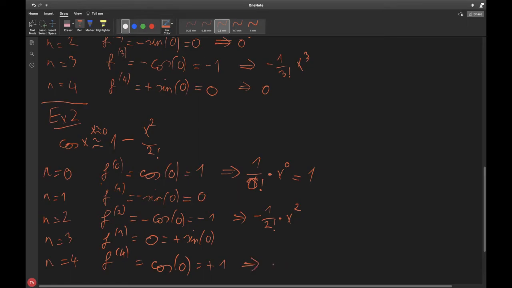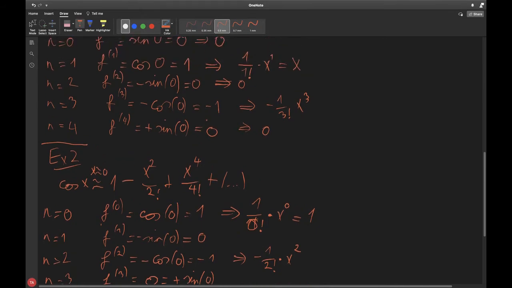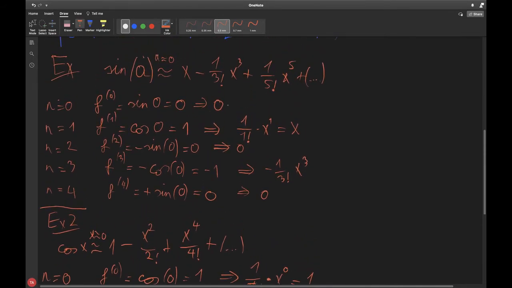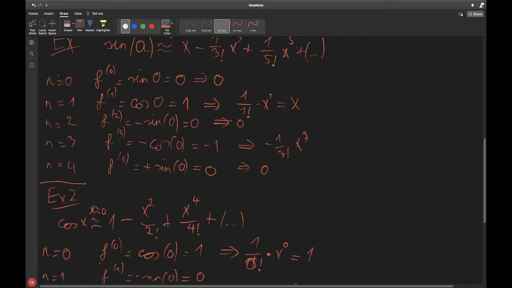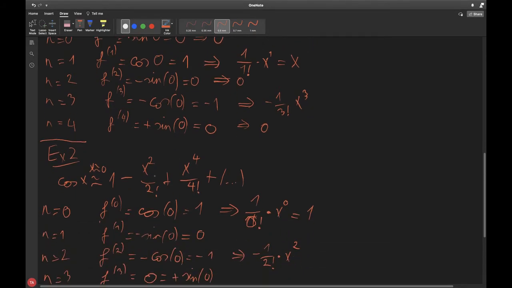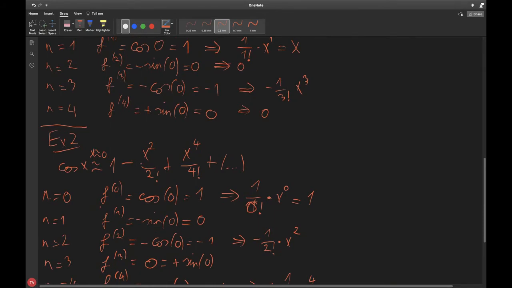So from this, we have a plus 1 over 4 factorial x to the power of 4, so plus x to the power of 4 divided by 4 factorial, and so on. So if you compare these two, we see that the sine goes with the odd numbers, the cosine goes with the even numbers on the powers of the x.